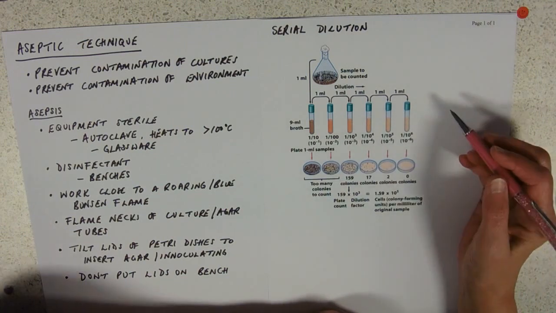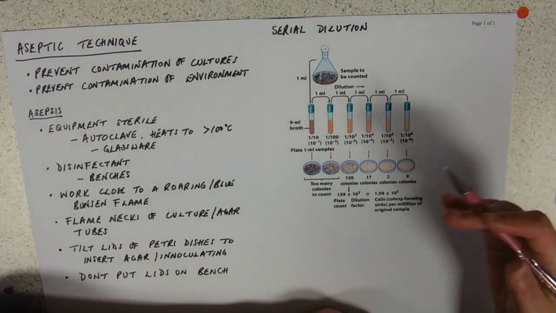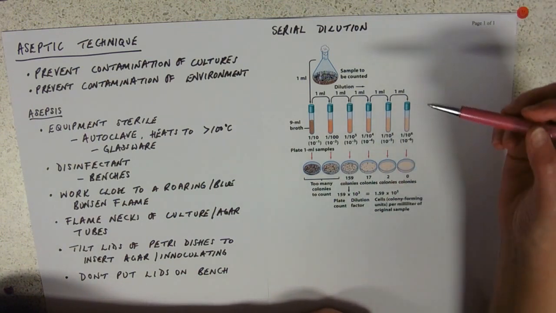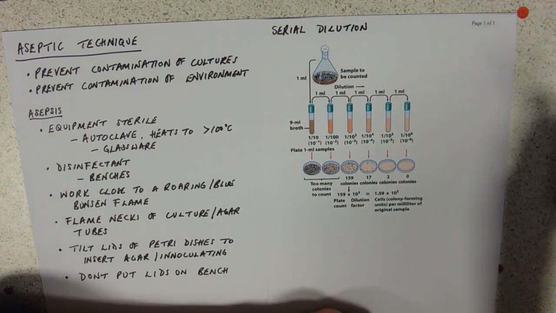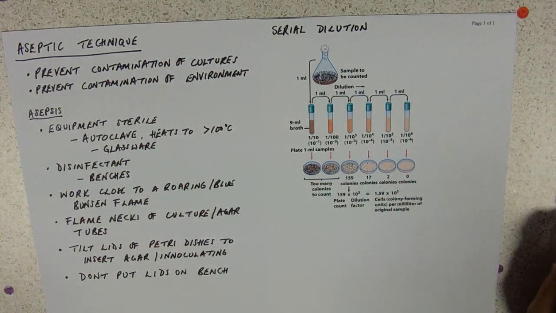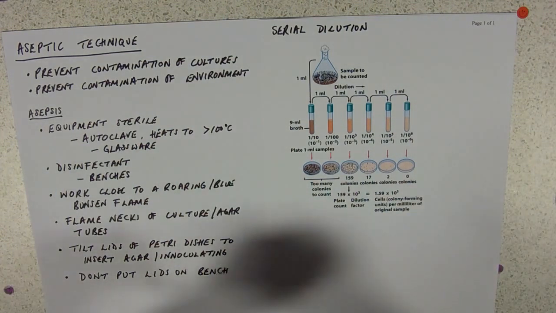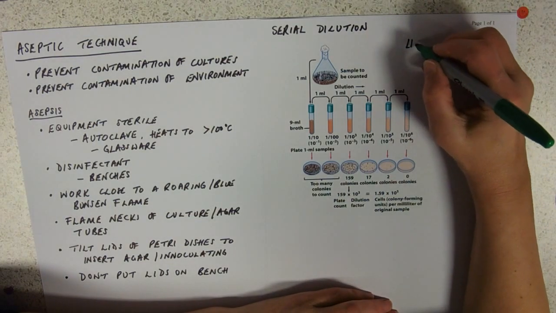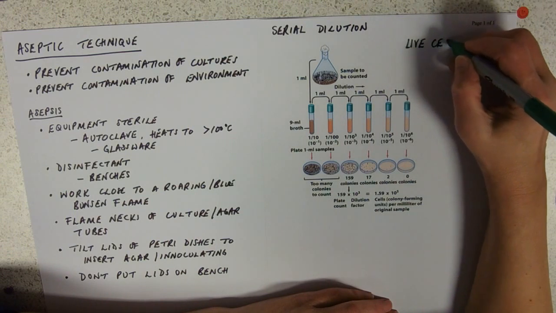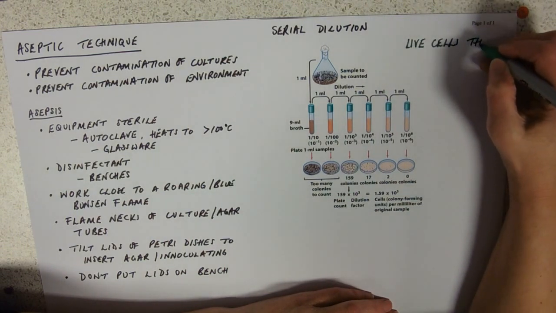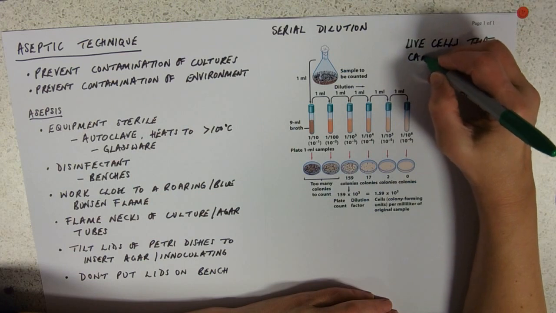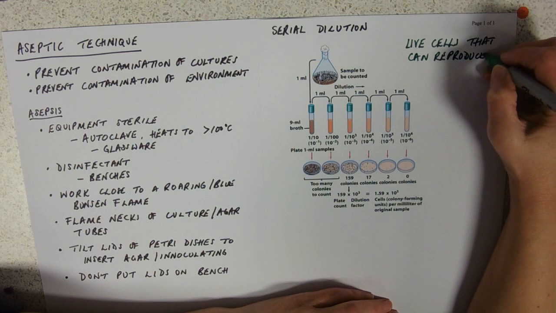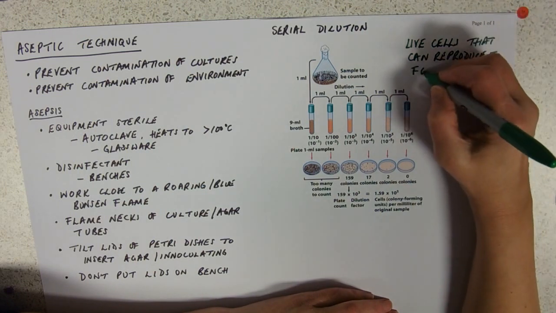So this is the point of serial dilution. It's just to spread your bacteria further out in your broth so that when you plate them out, they're countable. And so what we're interested in here is our live bacteria. So this is a technique to count live cells that can reproduce to form a colony.